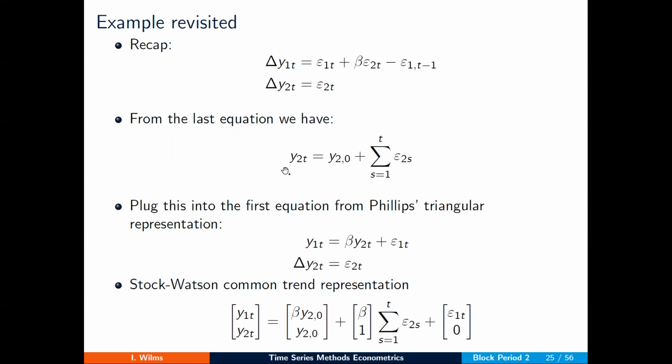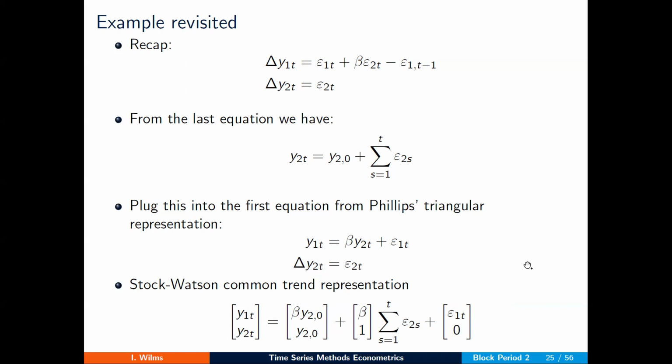So over here, I plug in this expression over here. So note that once you have the Phillips triangular representation, you can actually relatively quickly get the Stock and Watson representation. And then this representation collects all terms with the initial conditions, the common trend, and the stationary part. We nicely see that there is this single common trend popping up. And so since we have two series to start from, that is indeed as expected when we have one co-integration relation.